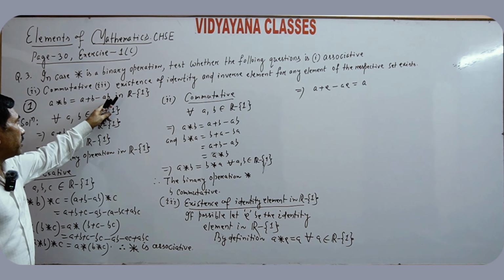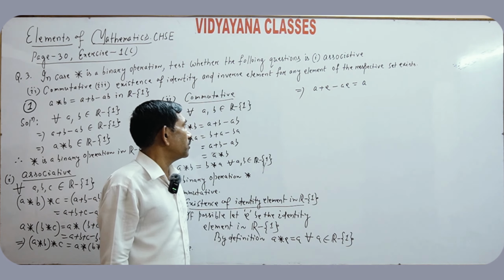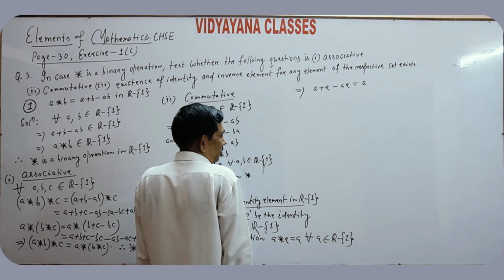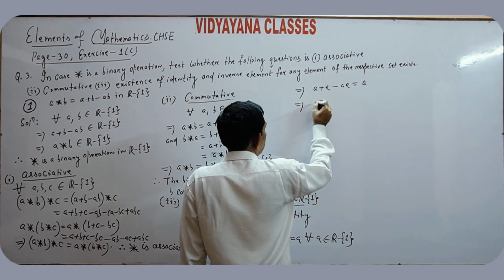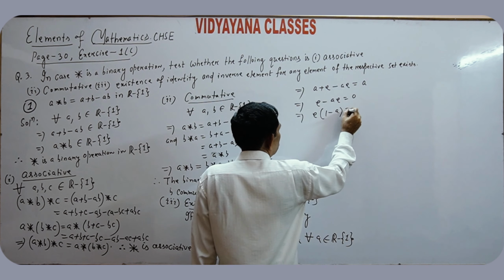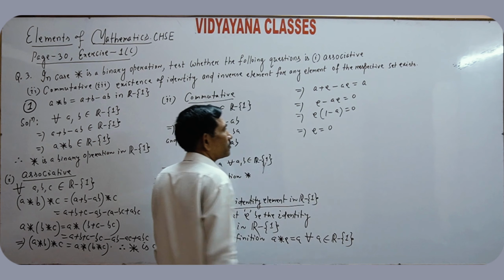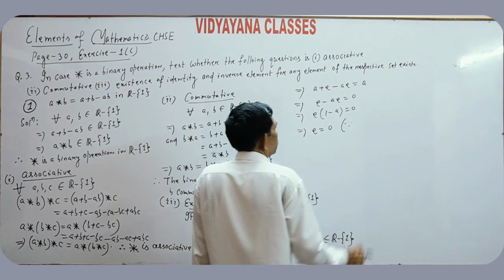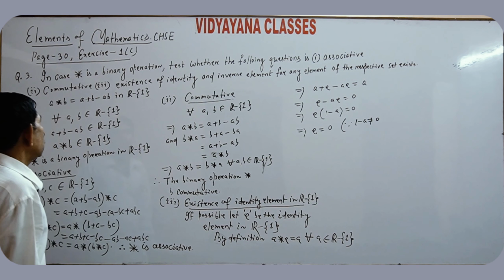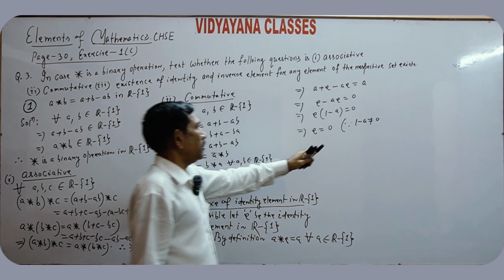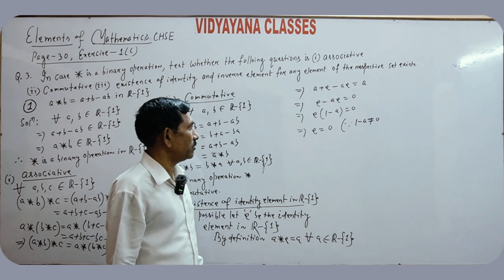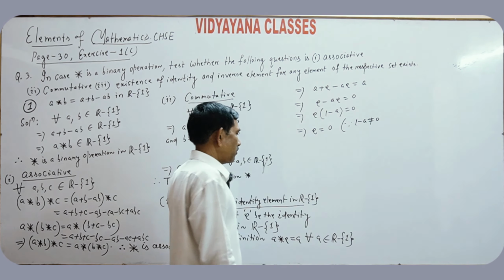A star B is equal to A plus B minus AB. A is taken, it is A, it is B. So A plus E minus AE is equal to A for all A belongs to R minus set of 1, which is A cancel, E minus AE is equal to 0, which implies E into 1 minus A is equal to 0, which implies E is equal to 0, since 1 minus A is not equal to 0.